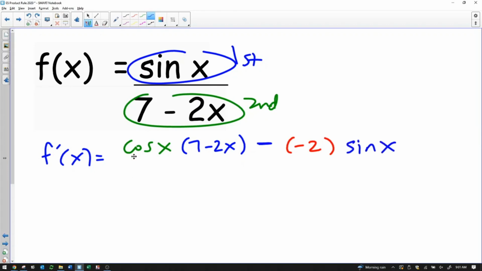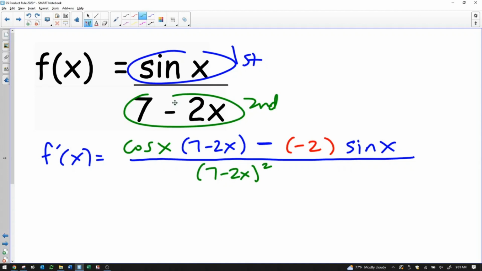The derivative of the first times the second minus the derivative of the second times the first all over, okay? And what is it all over? The entire second, the entire bottom square, okay? Do not take the derivative at the bottom. You just take the whole thing, whatever it is, quantity it, and square it, all right?